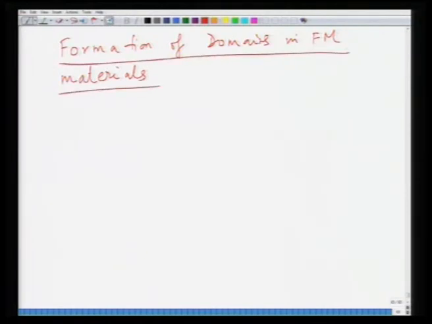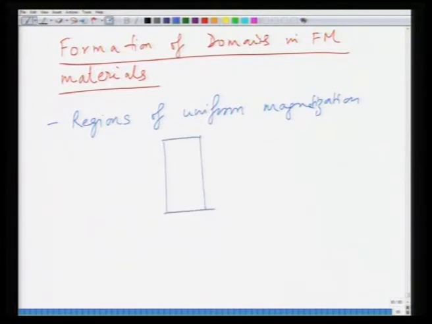Now, domains, as we know from our discussion of ferroelectrics, are regions of uniform magnetization. So, you can have a state like this. Let us say this is north, this is south. If this whole volume of the material has magnetic dipole pointing in this direction, then this is a monodomain state. So, this is a domain.